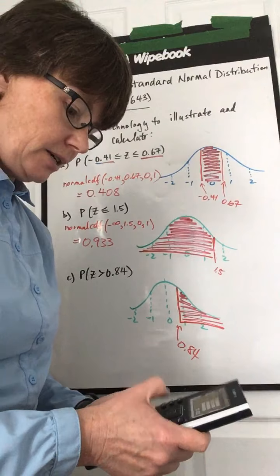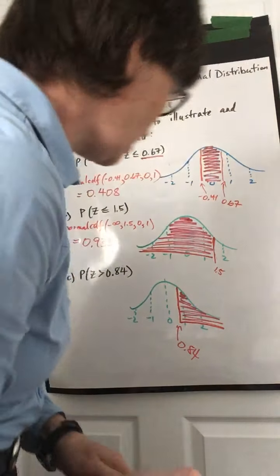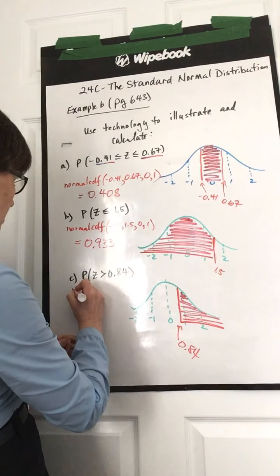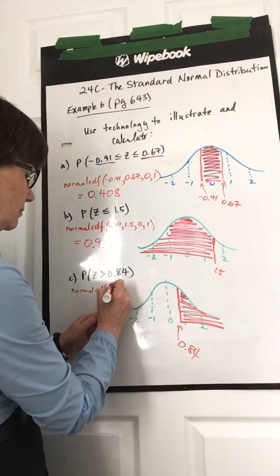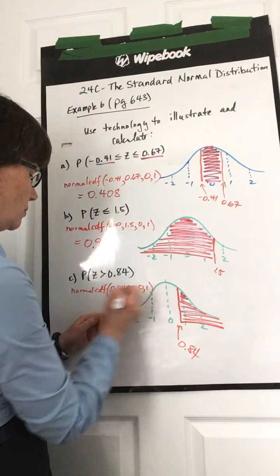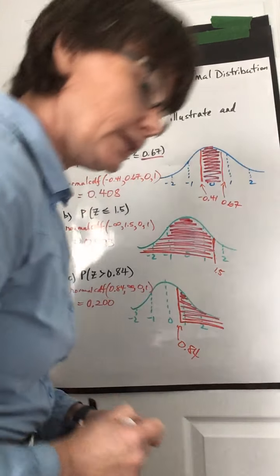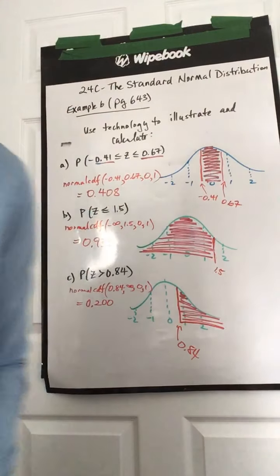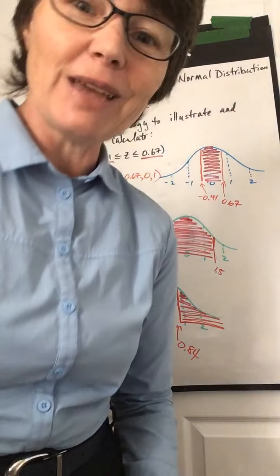Mean 0, standard deviation 1, and we get 0.200. So normal CDF, lower bound 0.84, upper bound infinity, 0 and 1 equals 0.200. Check our answers with the textbook, and they are all correct. There we have it. Have fun.